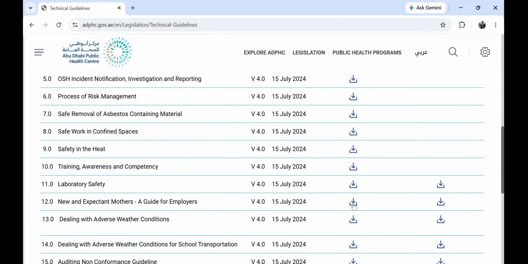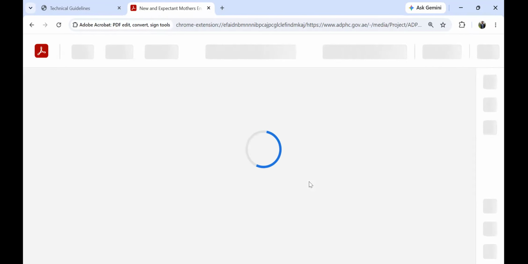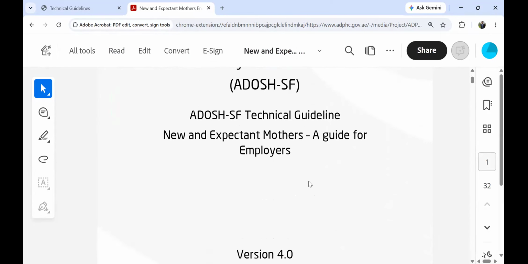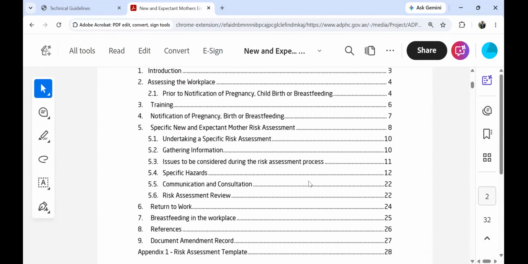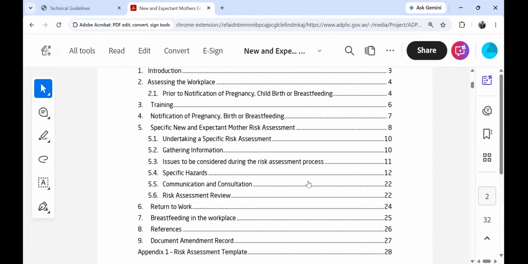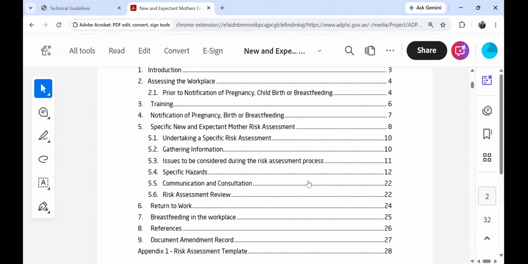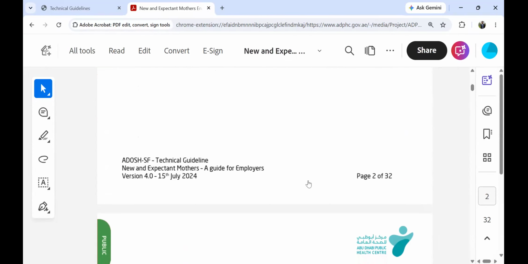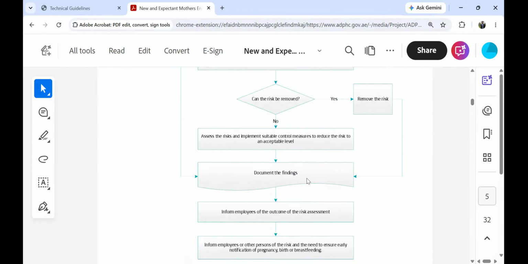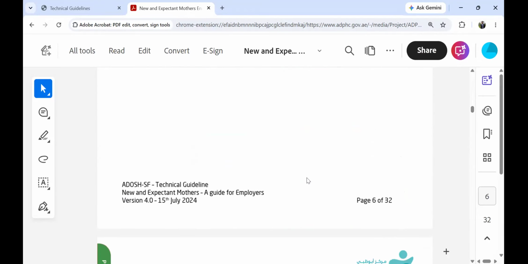Okay, now over here, new and expecting mothers. Again here, see. Now over here you will also see the special needs, so we consider this the special needs. Childbirth and so on. So see what we will consider when we have people of special need.